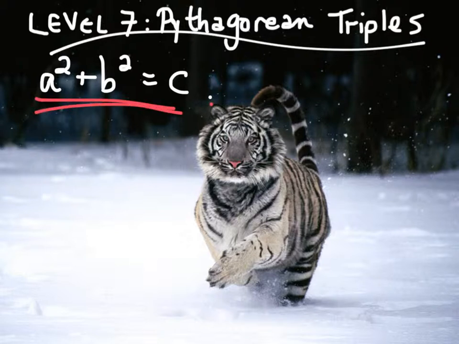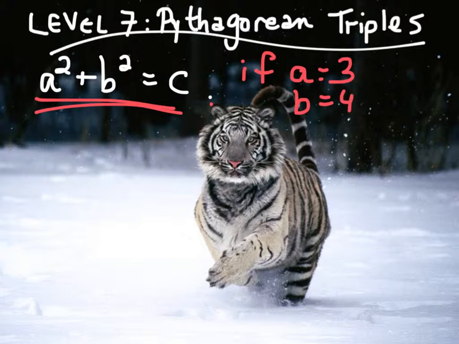One of the simplest examples would be if a equals 3, b equals 4, and c equals 5.